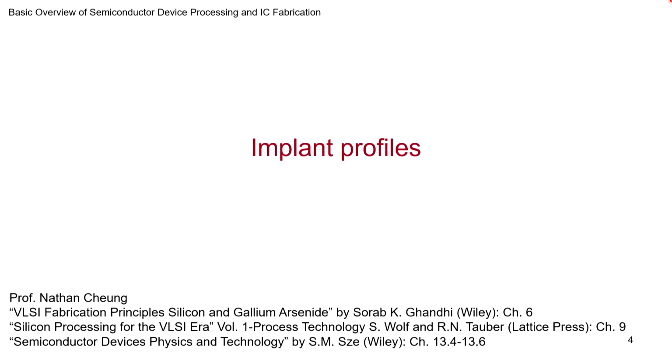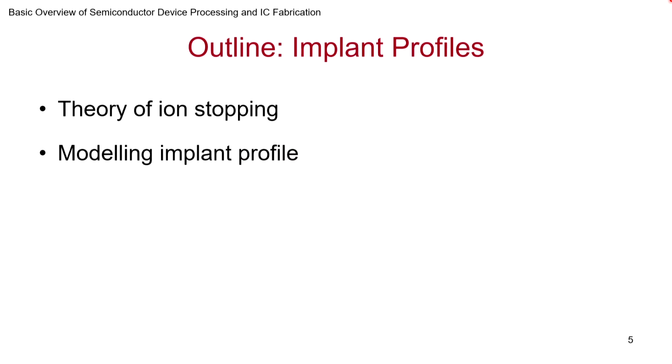So we'll discuss implant profiles. You can get a lot of information in the textbooks that have already been discussed. In fact, all of them, as I mentioned, do talk about aspects of ion implantation to varying degrees. I am mainly emphasizing what is discussed in Wolf and Tauber in this particular lecture, especially the first session of it.